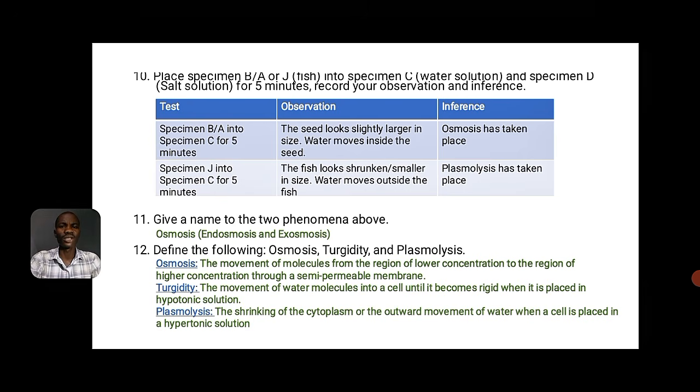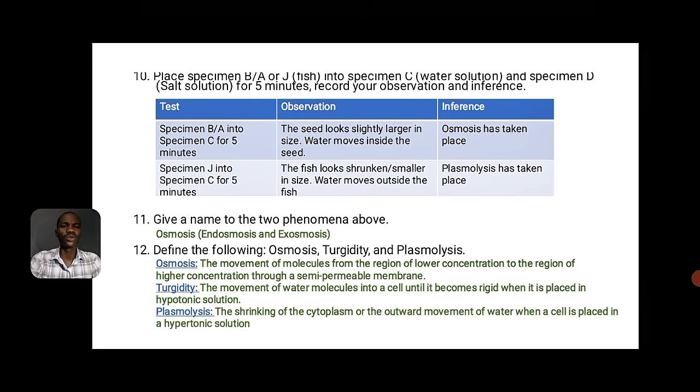If it is salt, you will say from the region of lower concentration of salt to the region of higher concentration of salt. So the general assumption is that water is hypotonic while salt is hypertonic. In this case, it is the movement of molecules from the region of lower concentration to the region of higher concentration through a semi-permeable membrane.